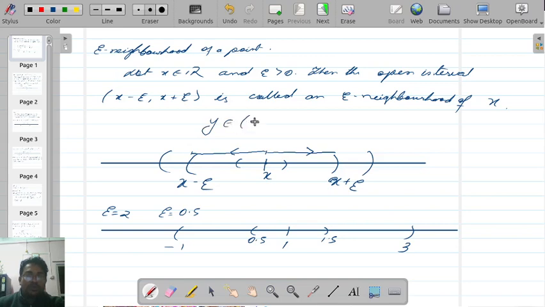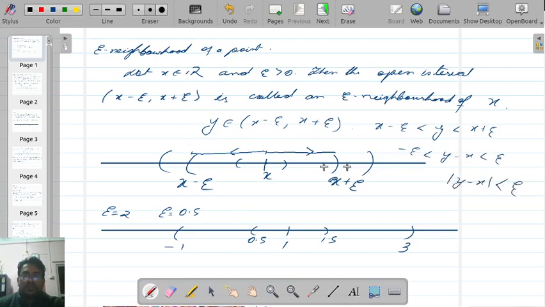If y belongs to this neighborhood, then x minus epsilon is less than y less than x plus epsilon. Bringing x to the other side, minus epsilon is less than y minus x less than epsilon. That means mod of y minus x is less than epsilon.